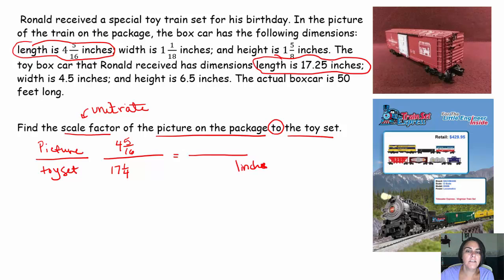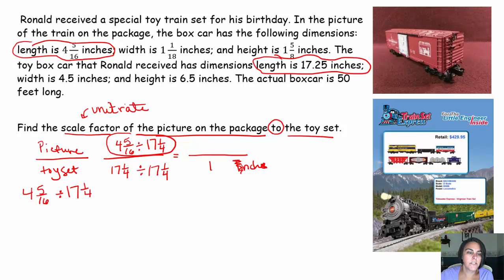So what that tells us is if our toy set was 1 inch long, the boxcar was 1 inch long, how long would the picture on the box need to be? So we divide the picture length by 17 1/4. Our actual problem we need to be solving is 4 5/16 divided by 17 1/4.